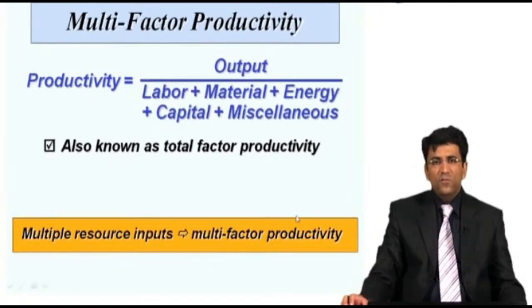And if we use all the factors available as input for the calculation of productivity, then that may be termed the total factor productivity model. So this is the difference between single factor productivity model and multi-factor productivity model. Again, if we use a single factor as input for the calculation of productivity, that will be the single factor productivity model. And if we use multiple factors as input, then that will be termed the multi-factor productivity model.